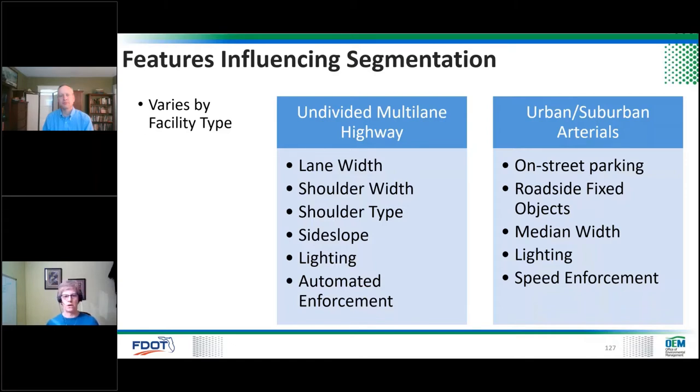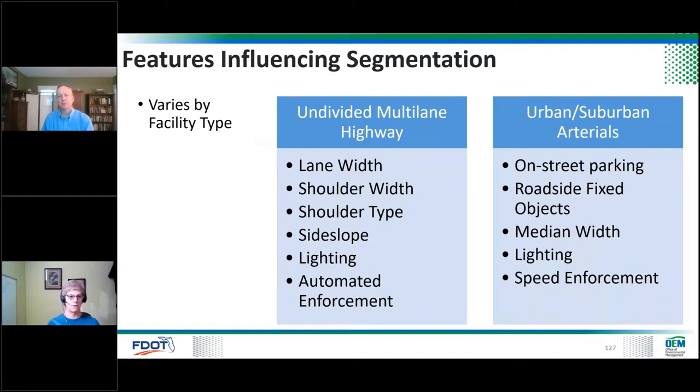So this segmentation step really is a very, very fundamental and critical piece of estimating your outcomes, because all of the analysis builds on identifying facility types and then selecting safety performance function, adjustment factors, et cetera, et cetera. So that segmentation piece is super important.